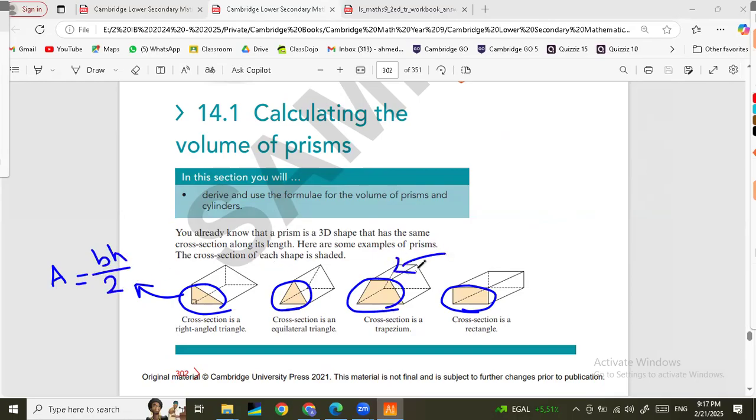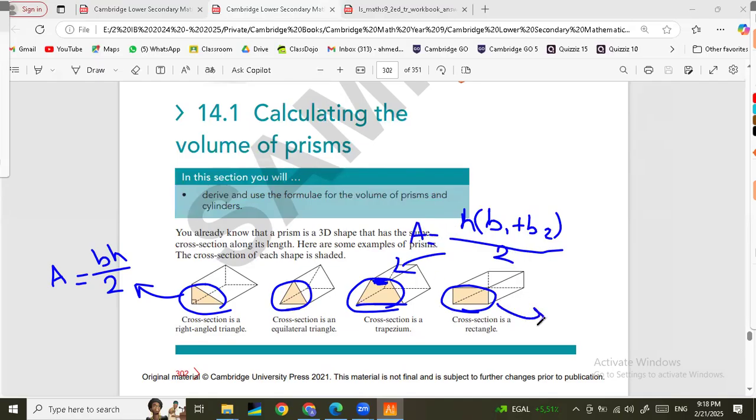The area of a trapezium is the height multiplied by A1 plus A2, or A plus B, or B1 plus B2. All of these are just ways to say base 1 and base 2, because the trapezium has two bases. You add the two bases up, multiply by H, then divide by 2. It gives you the area of the trapezium.